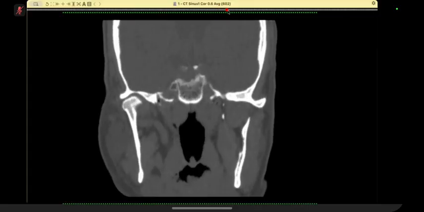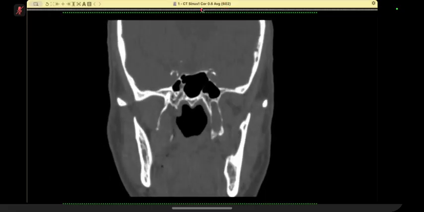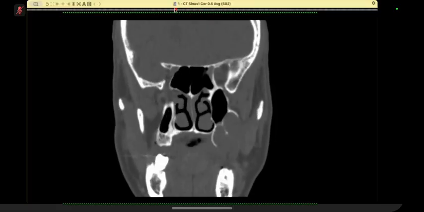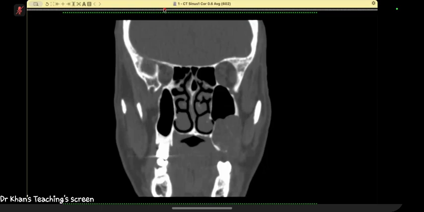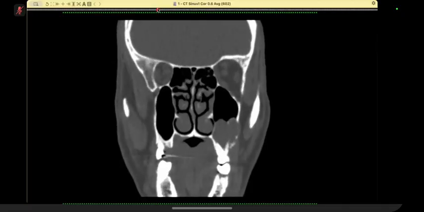So tell me your opinion on this. Sir, on the basis of this, it is causing bony expansion involving the medial and the lateral wall. So it could be a more benign process, but simultaneously it is also causing destruction of the alveolar process.